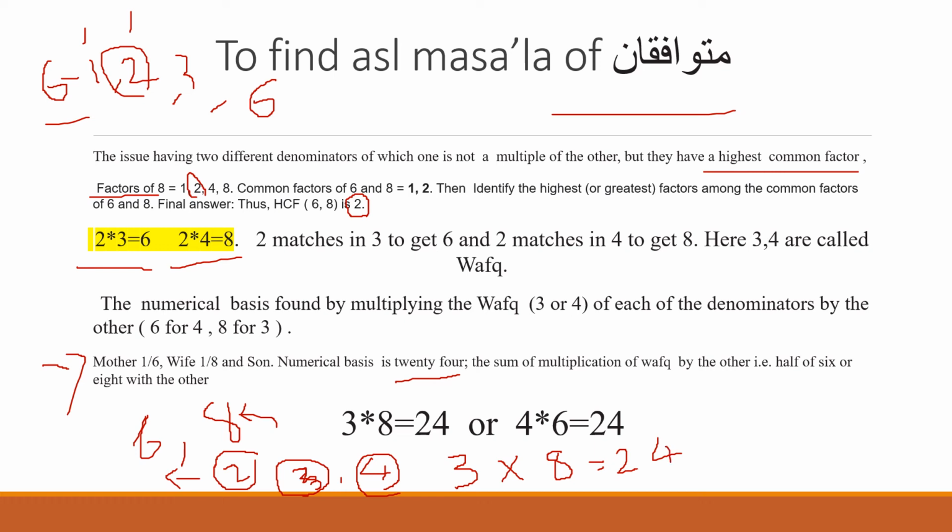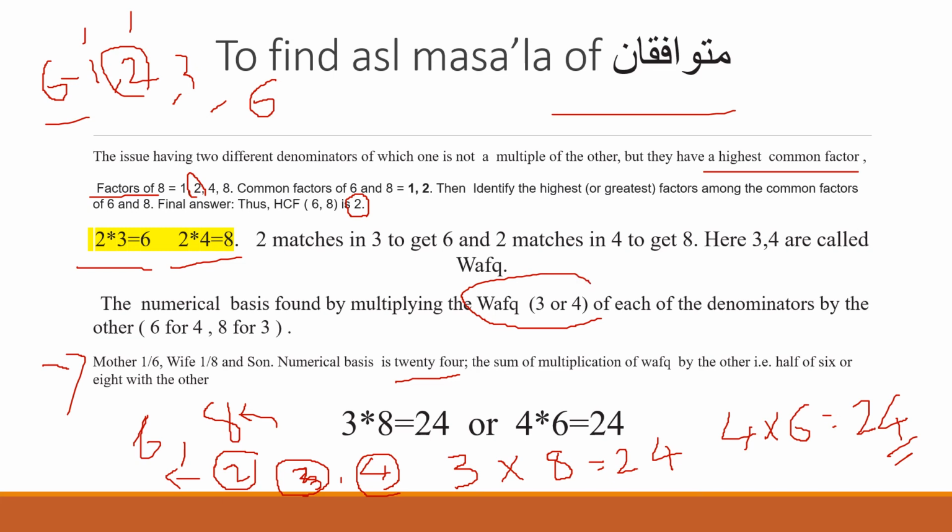Or you can take this 4, that is, when we divide 8 by 2, we get 4. Take 4, then multiply with the other number, that is 6. You will get the same 24. So this is the numerical basis.